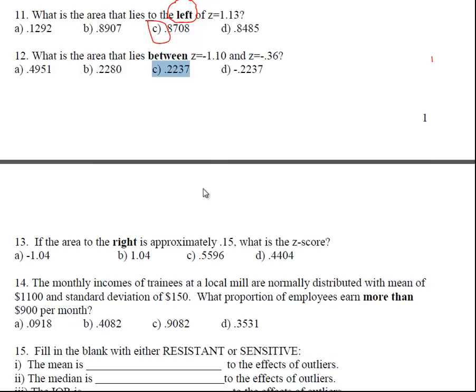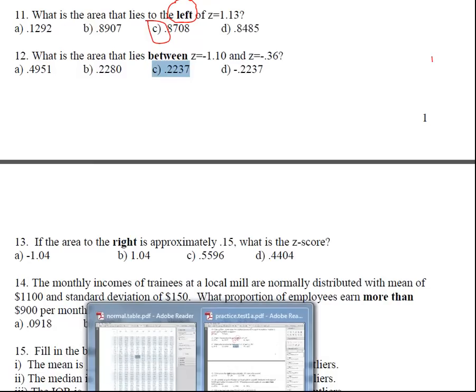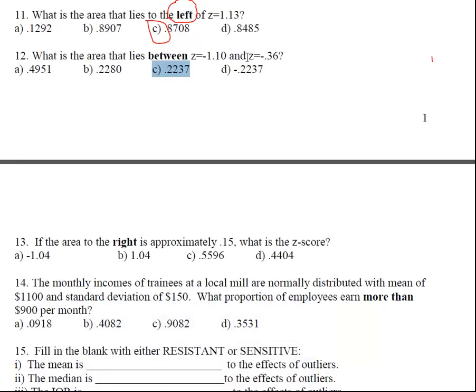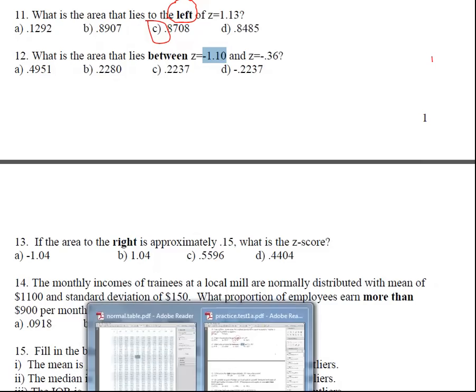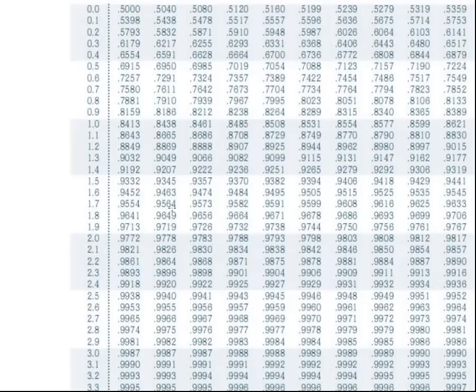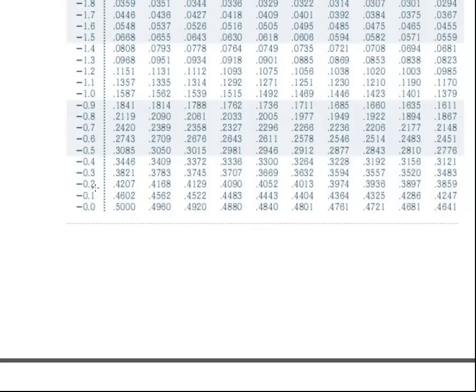Now, if I use the table, I can do it on my table as well by looking up those two numbers. I would take whatever I get for negative 0.36 and then subtract what I get for negative 1.10. So I go to my table, go to negative 0.36. Here's negative 0.30, 1, 2, 3, 4, 5, 6.